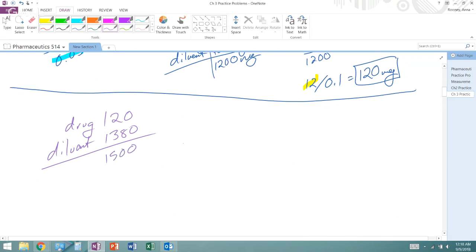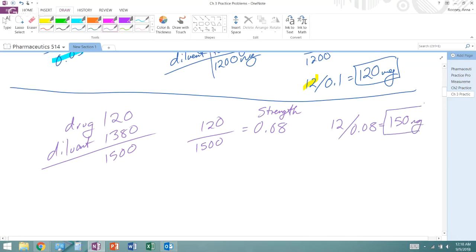All right, so they find 1,500 total. And then finding their percent strength is 0.80. That's their strength. And then, so you take 12 and divide it by their strength, and you find that they have to weigh 150 milligrams. So there's a 30 milligram difference between the two.